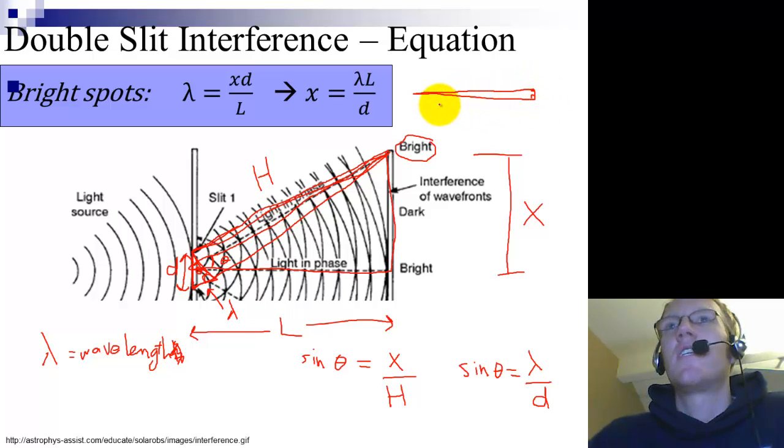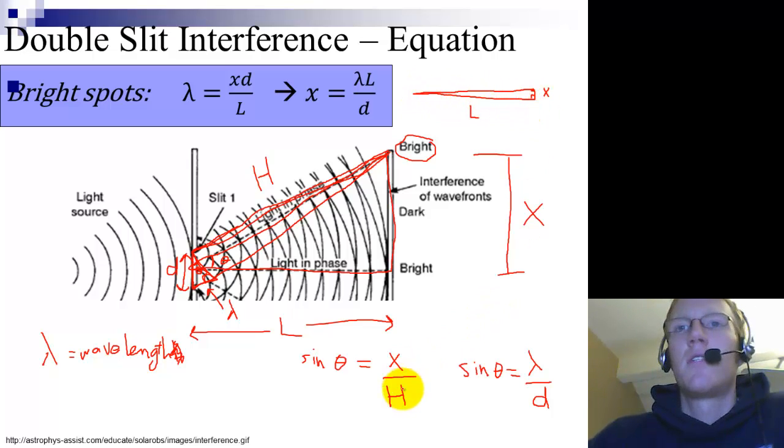And so if it's to scale, if this distance L is much, much bigger than this distance x, you can see that the hypotenuse is almost exactly equal in length to this base L. So in place of this h, we can put in L. Again, that's because of the approximation that the screen is much farther away than the length of this distance to the bright spot.